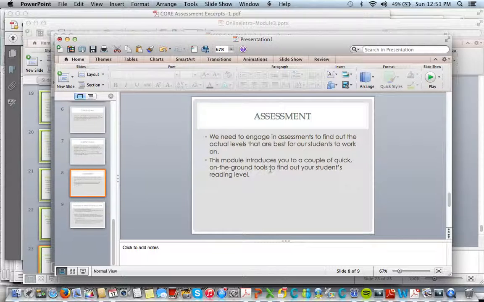And again, many of these assessments are created for native speakers. So working with non-native speakers, we have to be sensitive to the fact that the test may not be appropriate exactly for their particular needs as L2 learners. So we're going to walk you through some of those ways of adapting.